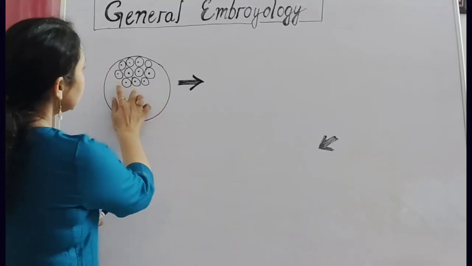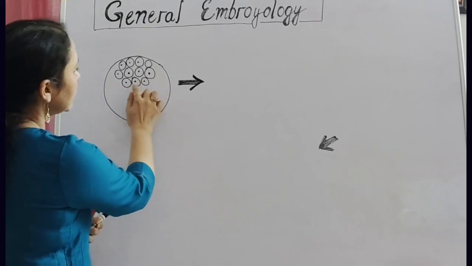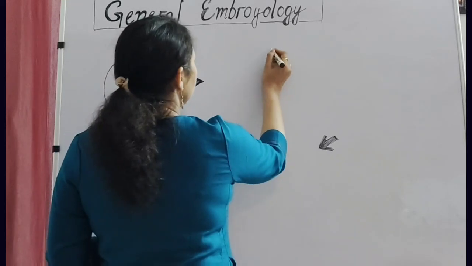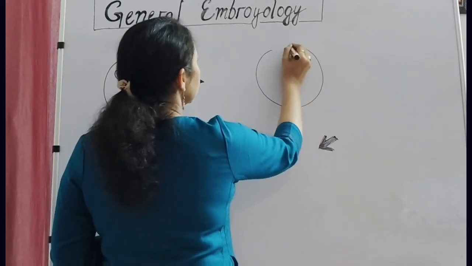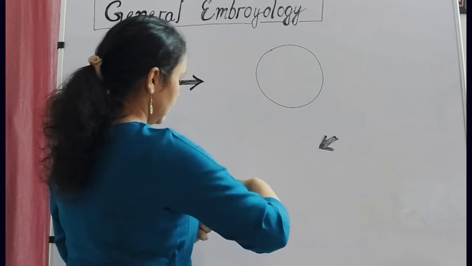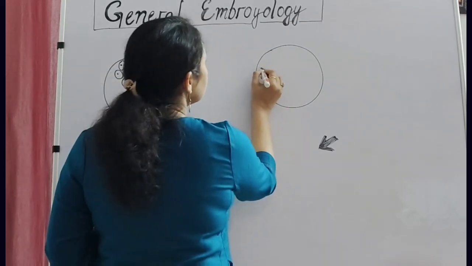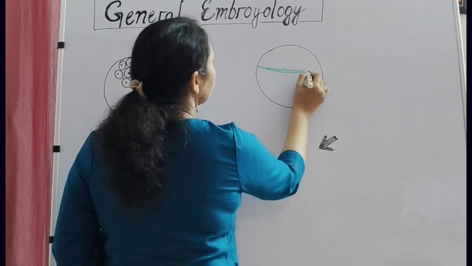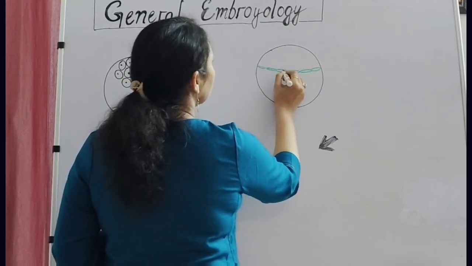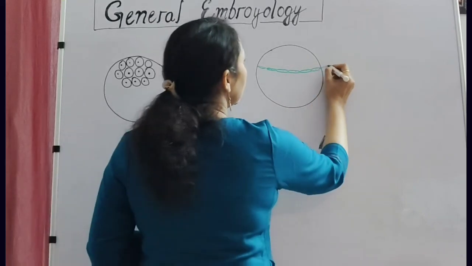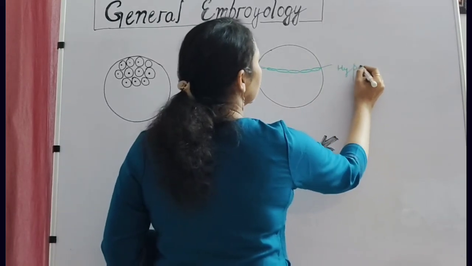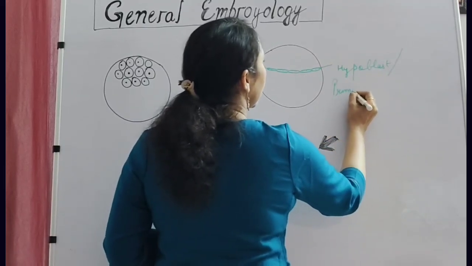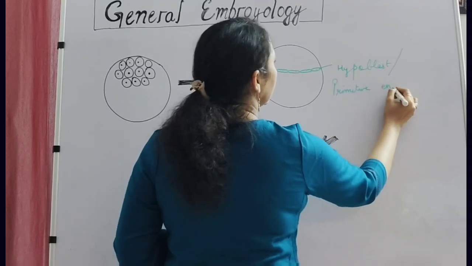Now, what are the other changes that will occur? Further, what will happen? The cells of this embryoblast, which are towards this cavity, they will flatten up. So, we can show the structure as few cells, they flatten and form a layer that is called hypoblast. This layer is also known as the primitive endoderm.